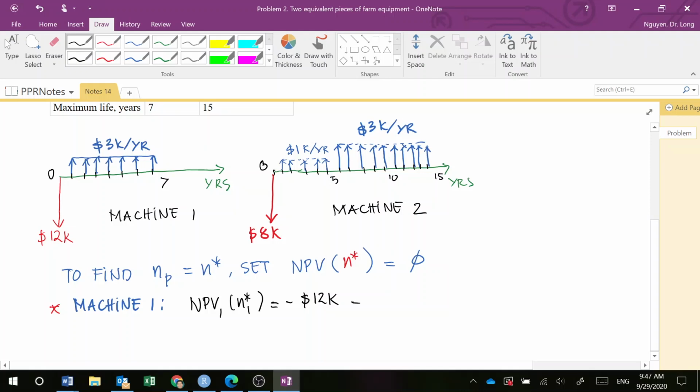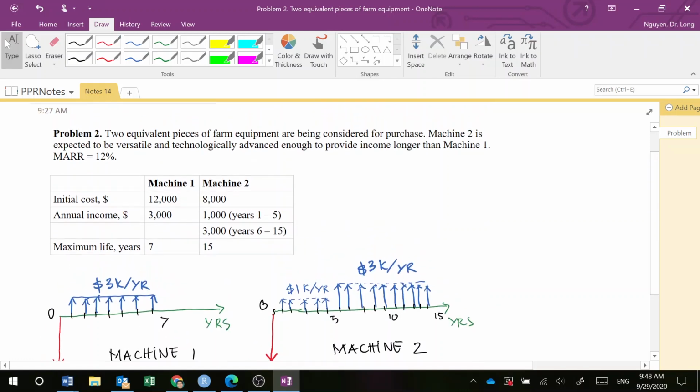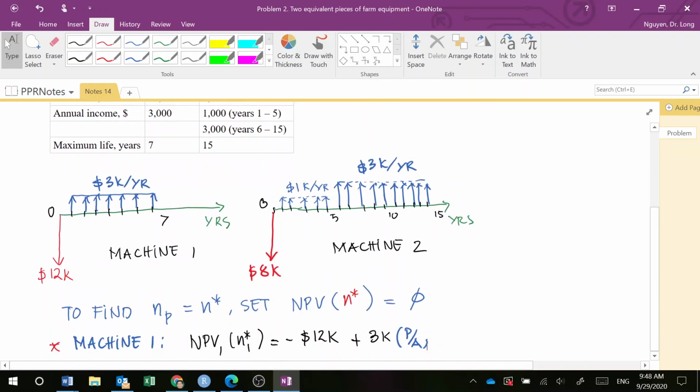Here positive 3,000, and we have the factor, given annual amount, want to find NPV at time 0. So we have P over A. The MARR, the problem gives us, is 12%, as you can see there.